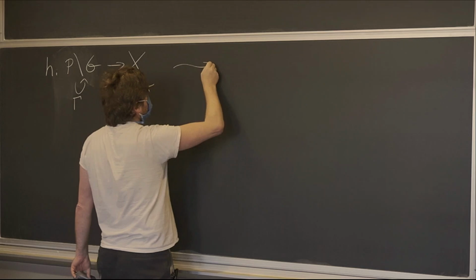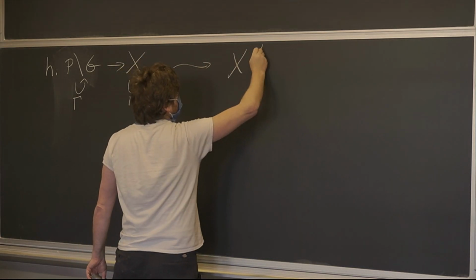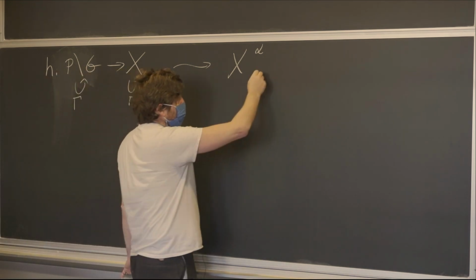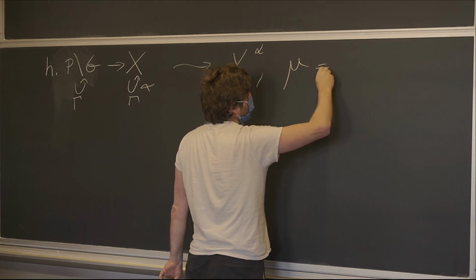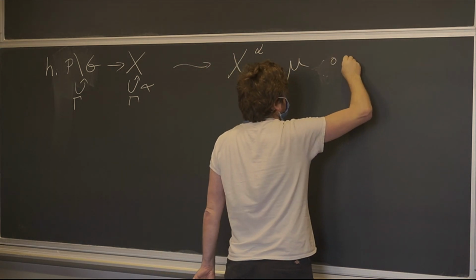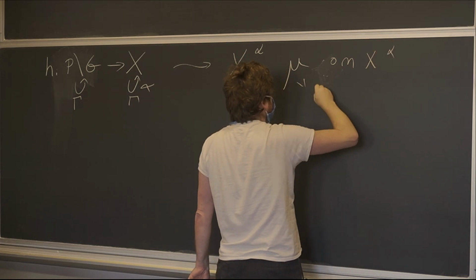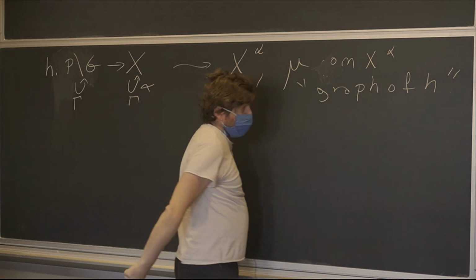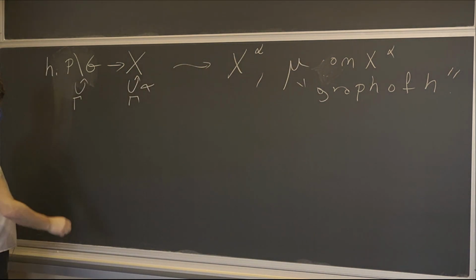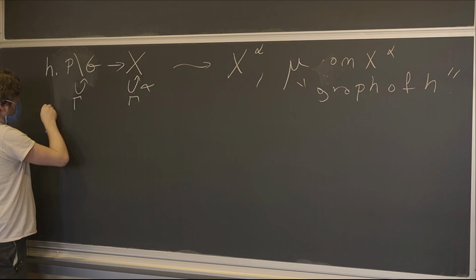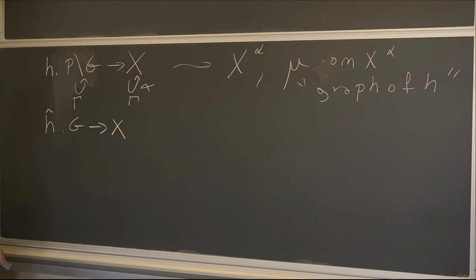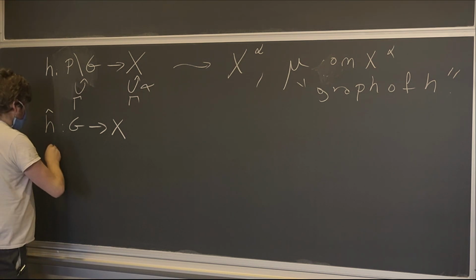We build from this X, with alpha, the suspension, and we build a measure here mu, which is essentially the graph of H. Essentially the graph of H means that this H induces an H hat from G into X.